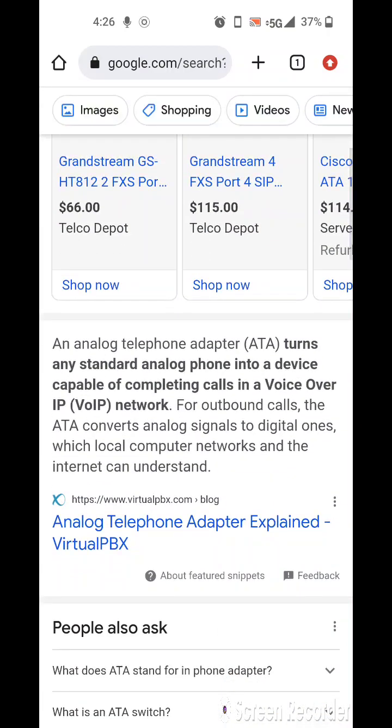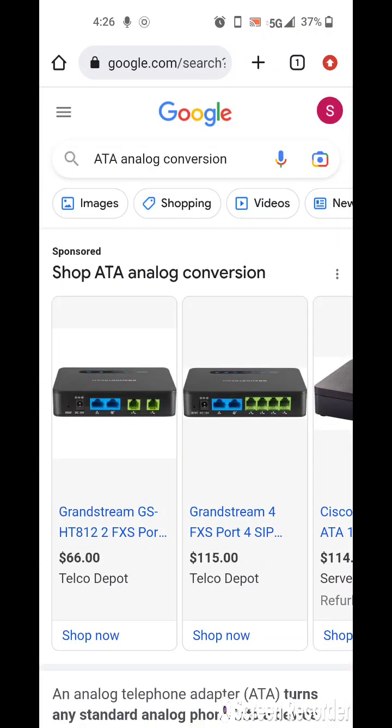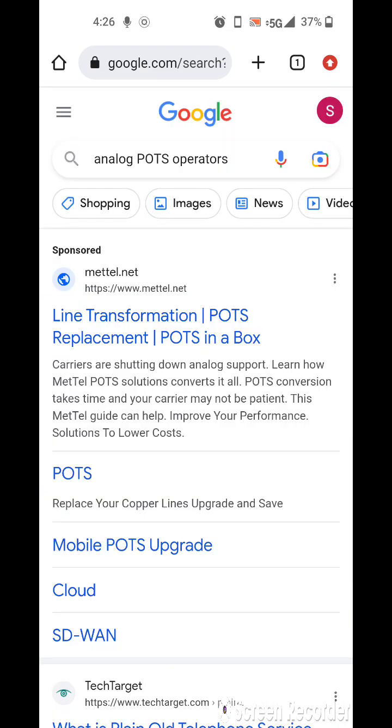So analog telephone adapter turns any standard analog phone and device capable of completing calls into a voice over IP network. Okay? What runs on POTS is mainly alarm systems, credit card machines, fax lines, and by alarm I mean all. Fire alarm, burglar alarm, all of that's tied in.